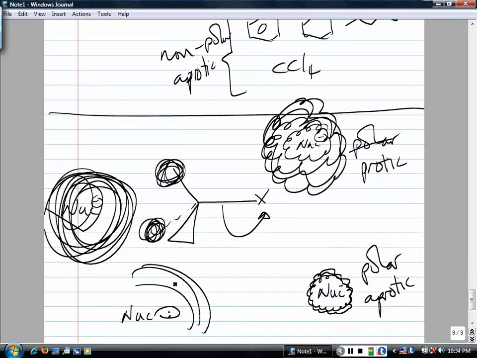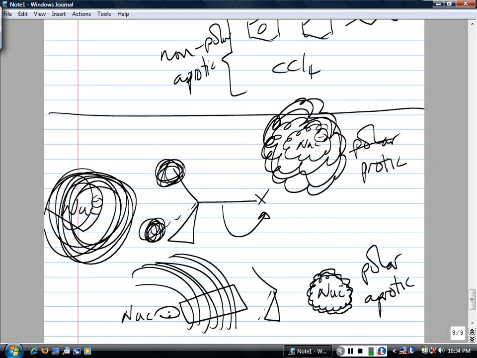But if there are layers and layers of tightly bound solvent molecules, I must now strip those solvent molecules away from the nucleophile so it can interact with the orbital on the carbon. That's going to be difficult if my nucleophile is tightly bound to many, many layers of solvent. So all of this makes the SN2 reaction in a protic solvent very difficult.